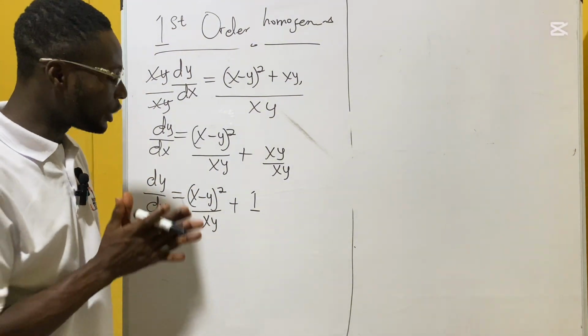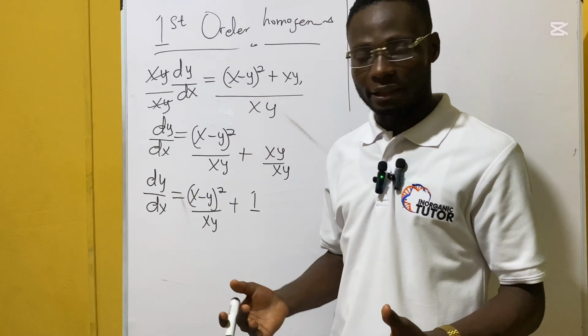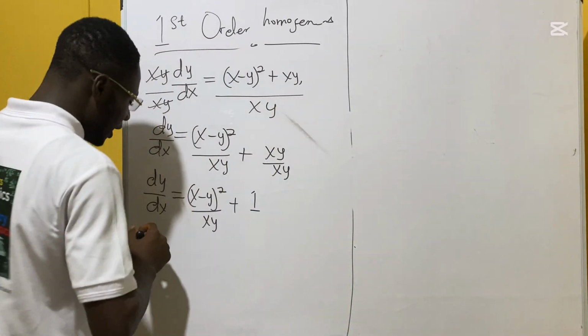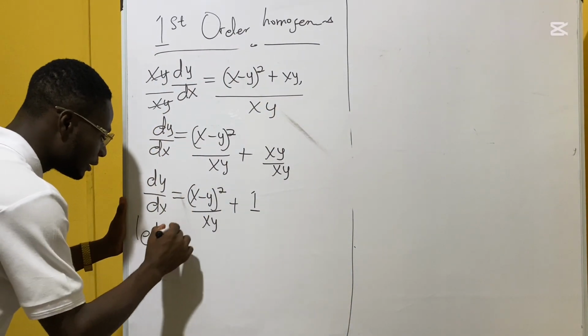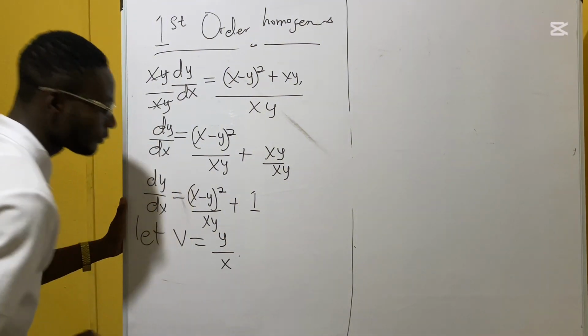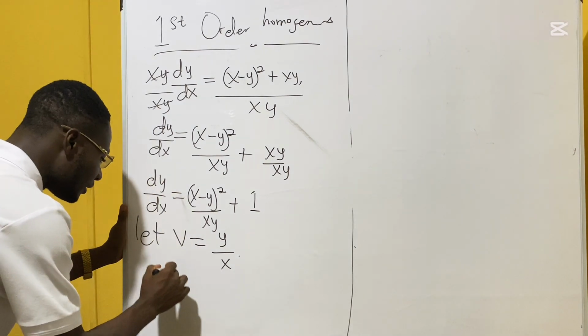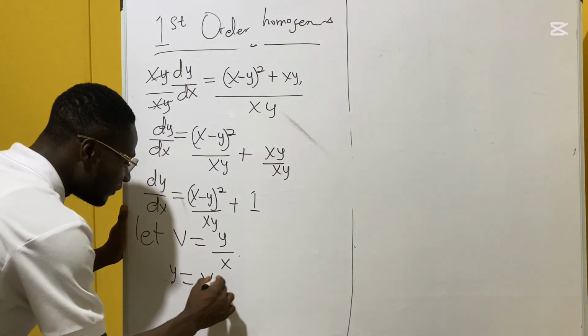What do we have to do? We have to apply what we call the substitution method. So here, let v equals y on x. If that is true, then we can say that y is equal to vx.